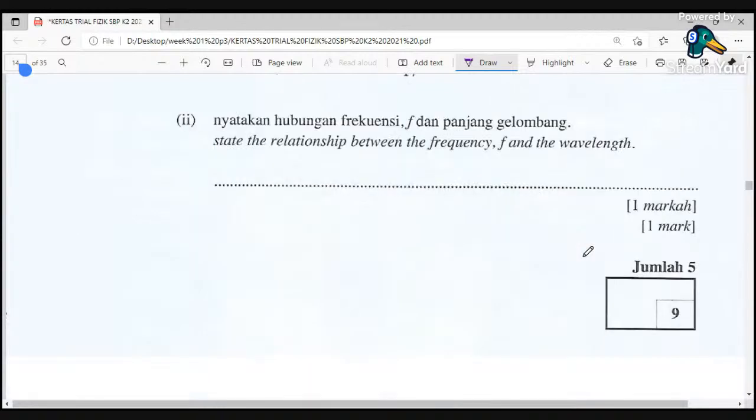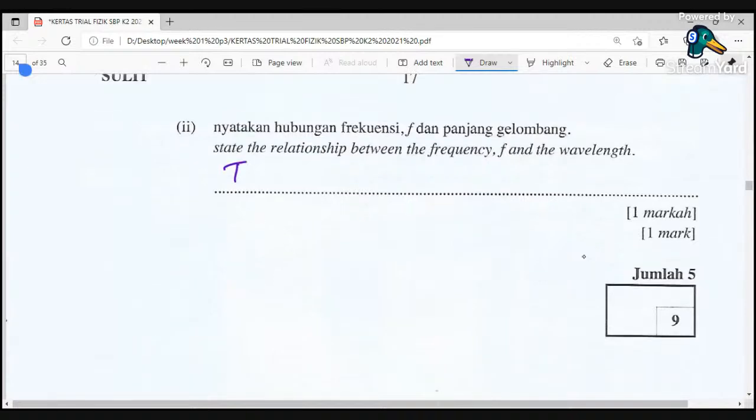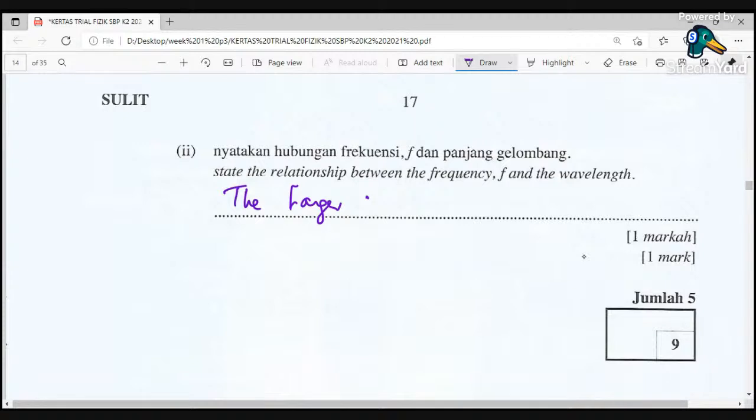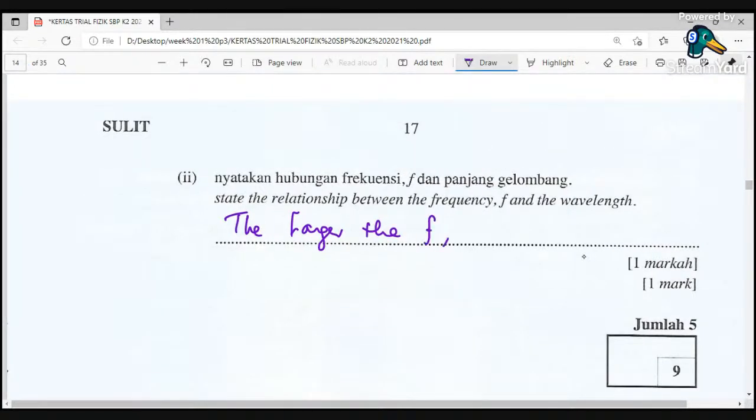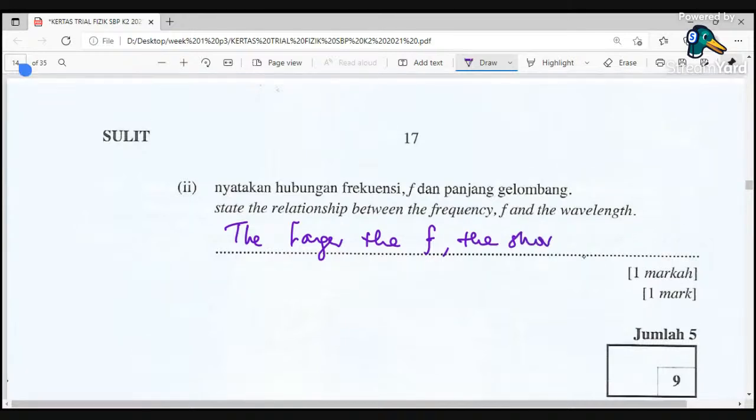State the relationship between frequency and wavelength. The larger the frequency, or the higher the frequency f, the shorter the wavelength.